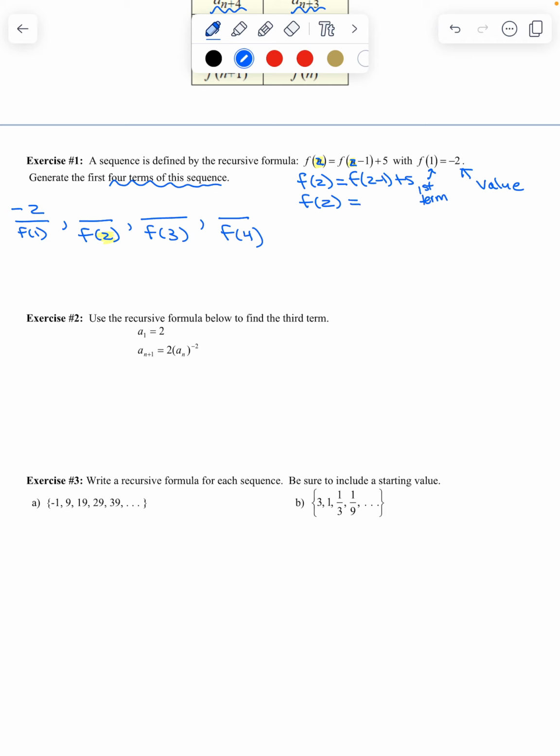So f of 2 equals f of 1 plus 5, right? But I know the value of f of 1. f of 1 is negative 2. So I'm going to cross this out and put negative 2 here. Negative 2 plus 5 is 3. So the value of my second term is 3.